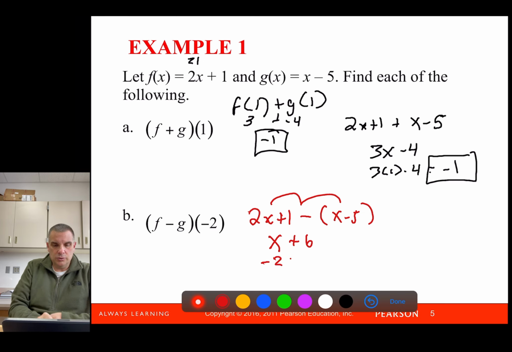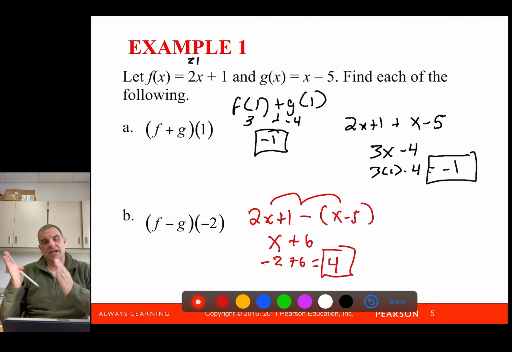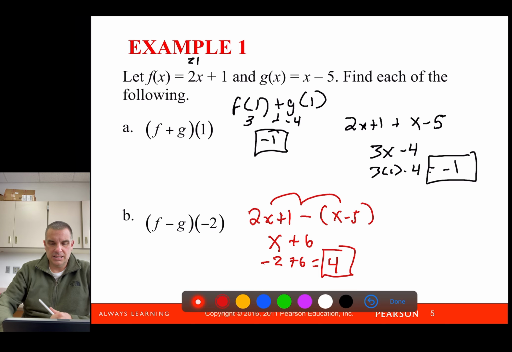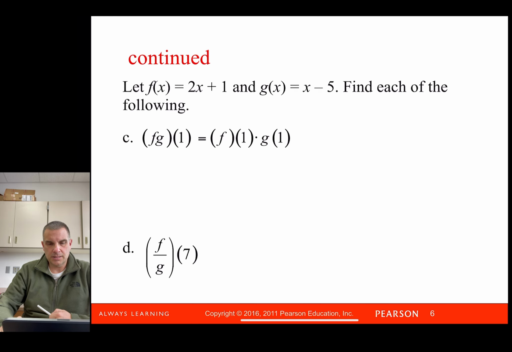So negative 2 plus 6 is equal to 4, and that's your solution. Again, remember when you're subtracting that you have to distribute that negative to both of those terms. That's why it's x plus 6. Okay, so here are their solutions real quick, and we're good to go.